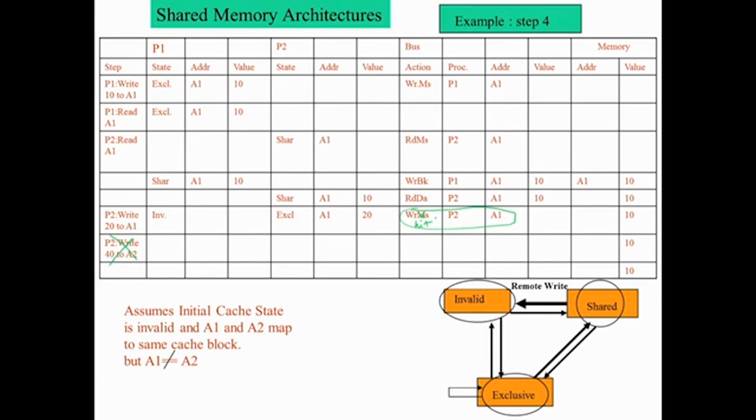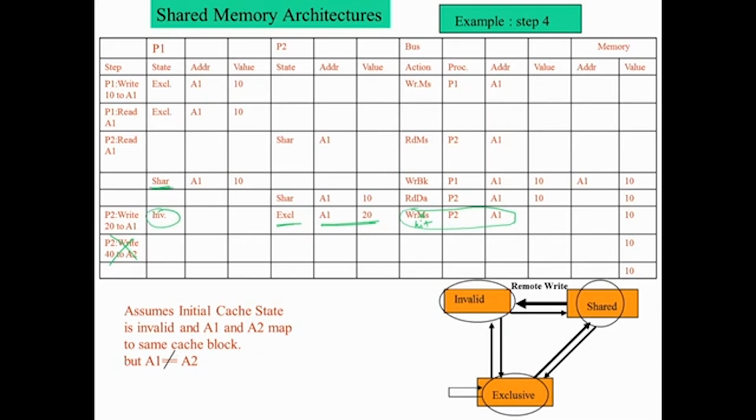The moment it announces, and since it is writing, P2 will make it exclusive and A1 has the value 20, while P1 will be seeing the bus. Now it sees that P2 is writing into A1, it is holding A1 in shared state, so it will make that invalid.